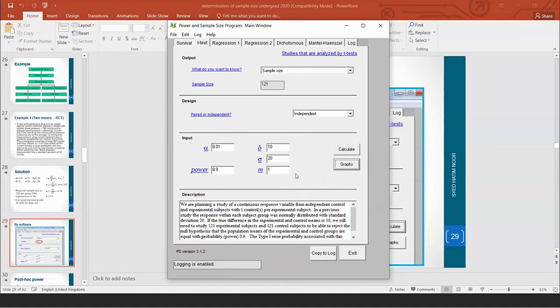In certain cases, for example, you have difficulty in taking the test group.